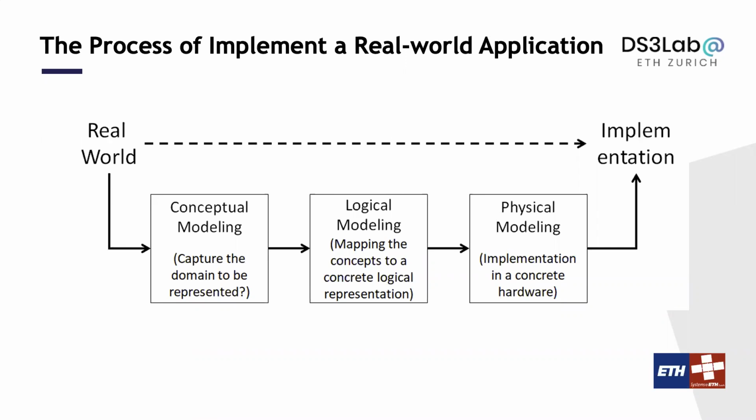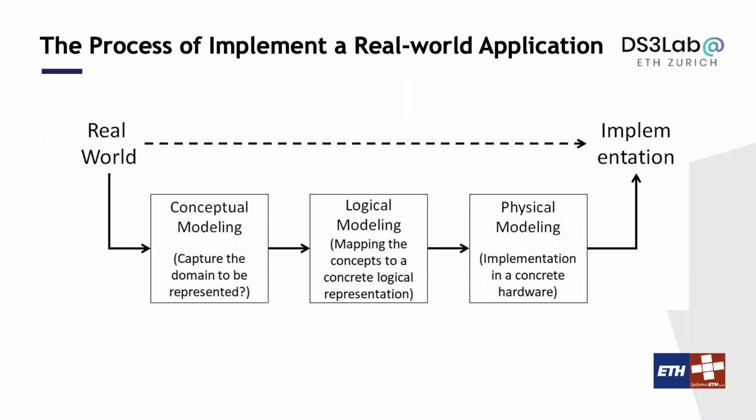After that, the second stage is called logical modeling, where you map all the concepts in your conceptual model into a logical representation. Depending on what type of database you are using, that logical representation may be different. If you are using a relational database, that logical representation will be the relational model. You model your data as a whole bunch of relations, which look like tables, and you map all the concepts in your application into those tables.